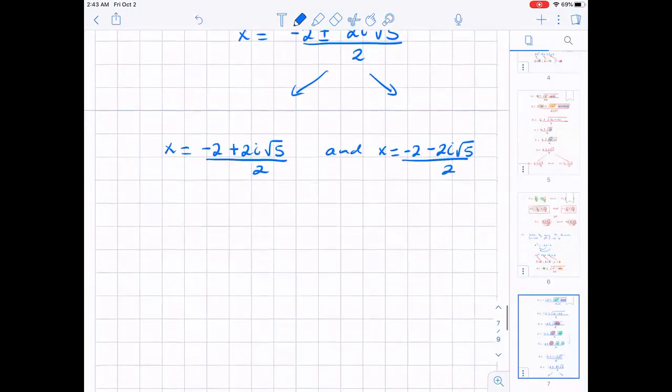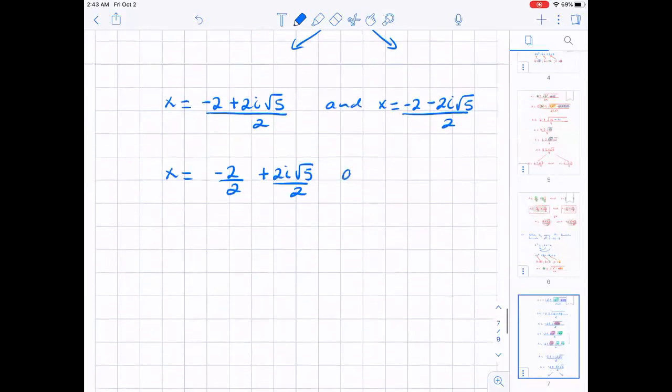And this can both be simplified. So once again, I break it up so you can see what's going on. And as I said, I only do this so that you can see the cancellation or the reducing that I'm about to do here.